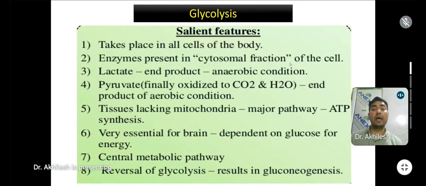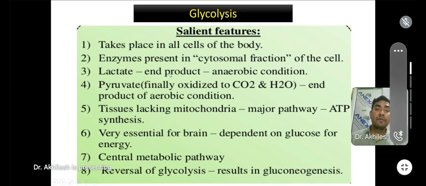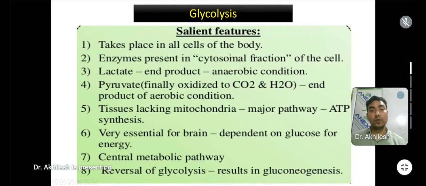If you die of diabetic shock, it is very tough to identify what your glucose level was at the time of death, because after death your RBCs continue glycolysis. So you cannot identify the exact blood glucose level after death.